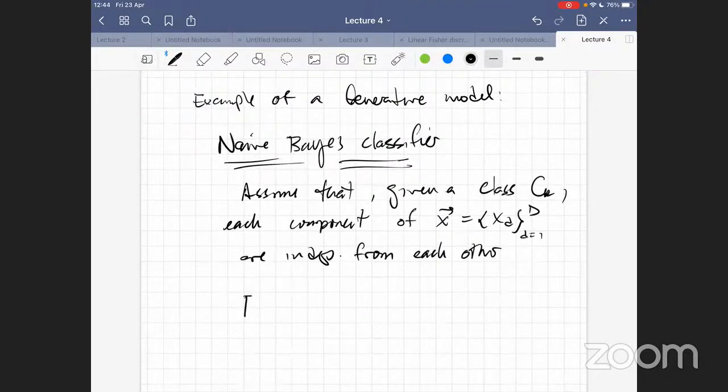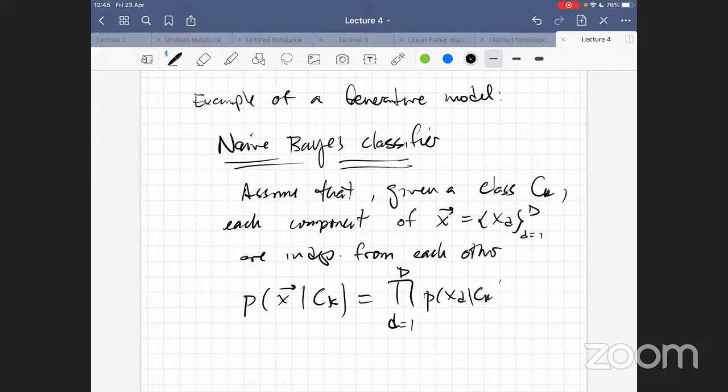In other words, I am saying that when building this likelihood, this is just the multiplication over all the dimensions of my data set of this. And this is something called the conditional independence assumption that actually determines the naive Bayes classifier.